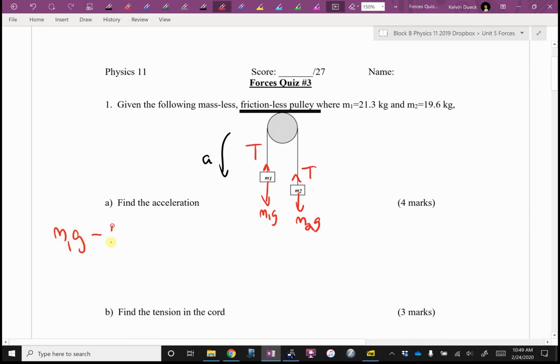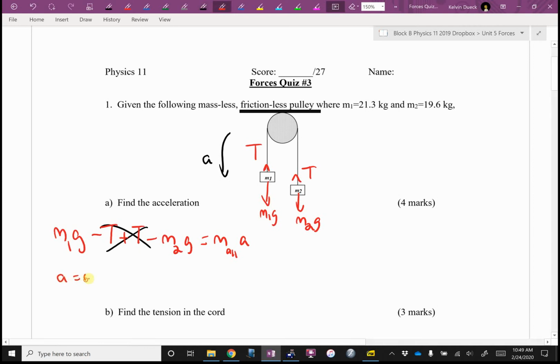And then I'm going to have minus tension, plus tension when that tension comes around to the other side and I follow it, minus M2G, that equals M all A. I would relax. I would get the A by itself.